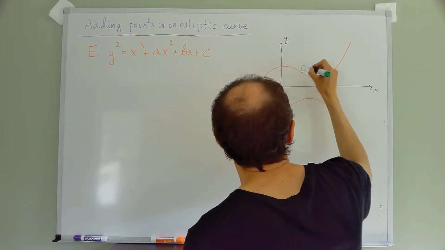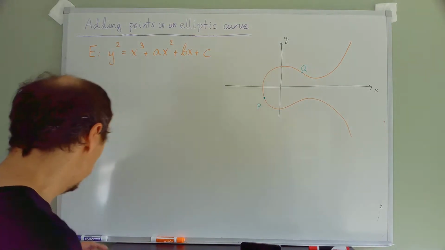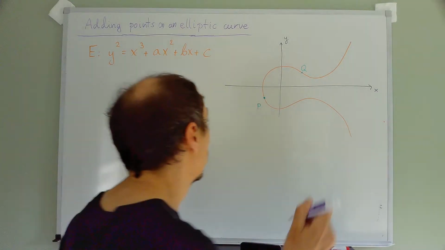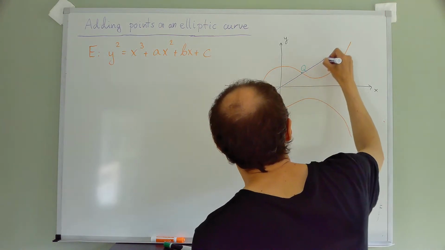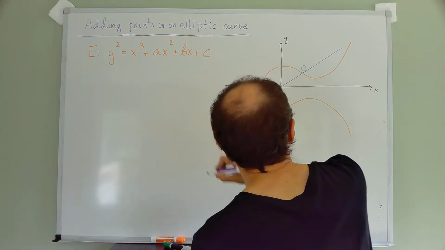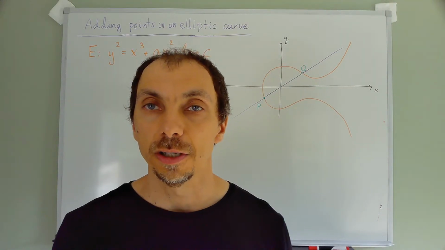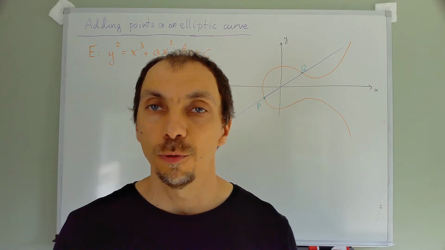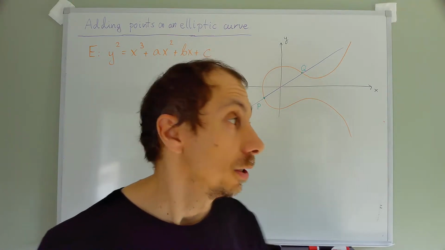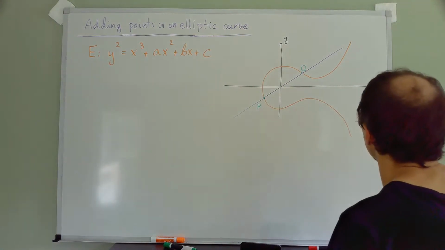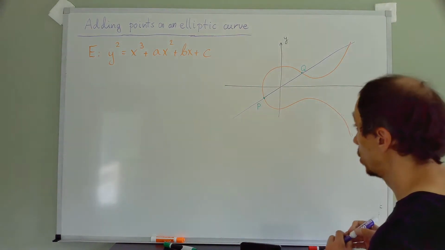P and Q. Now what I'm going to do is connect them by a line. What do we know about that line from the previous lectures? We know that this line for sure intersects this curve at yet another point. Well, I can see this point right there. I will call this point R.